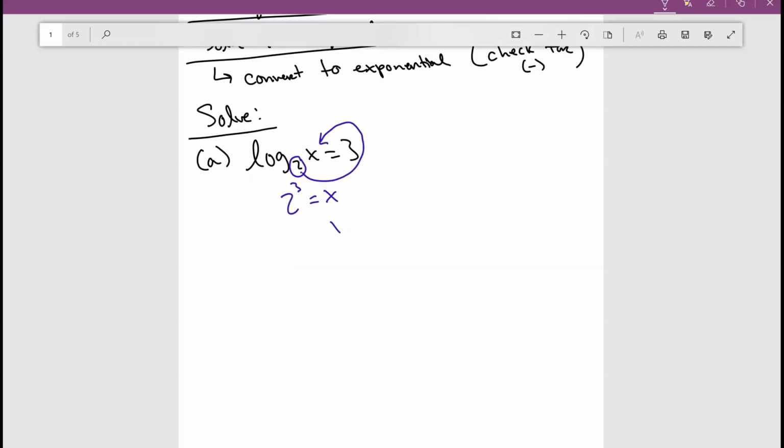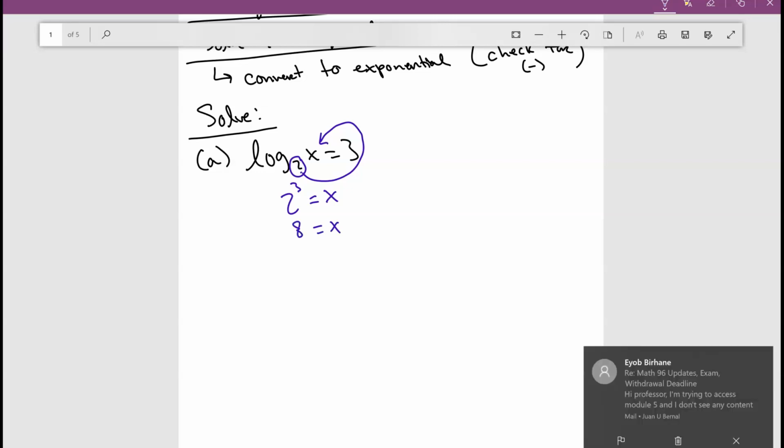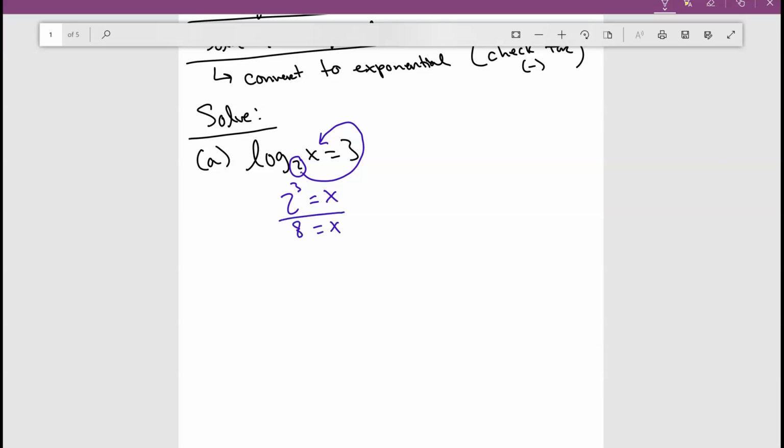Now you're basically solving it, so x is equal to 8. That's the answer. Now I can plug it back in and see that it makes sense. You can use the change of base formula or your calculator to make sure that log base 2 of 8 is equal to 3.